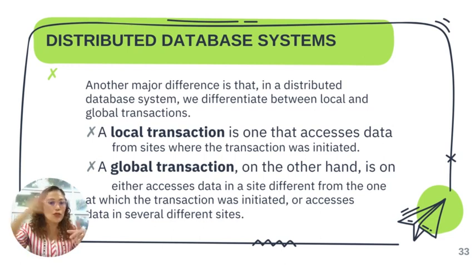So if you perform a transaction that involves data from site 1 and site 2, that's a global transaction. But if you request a transaction which involves data within just site 1, then you have a local transaction.